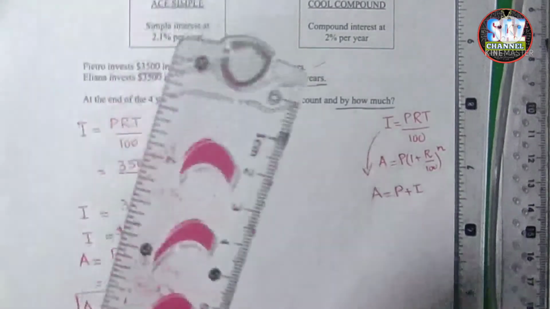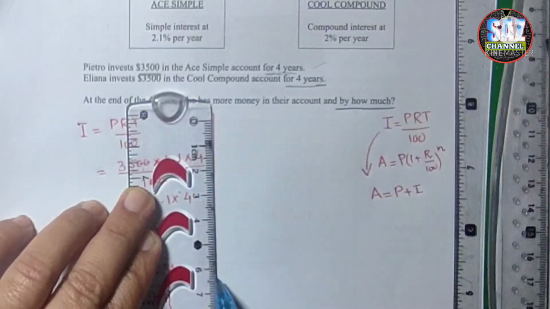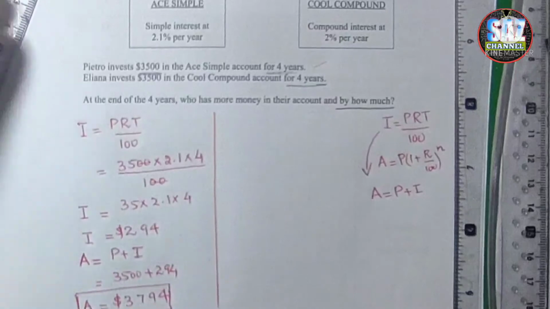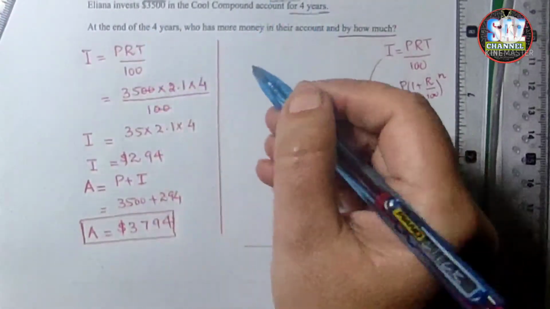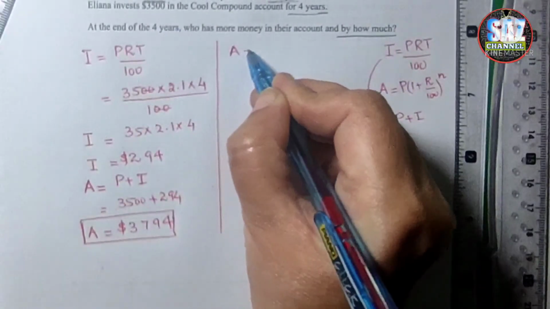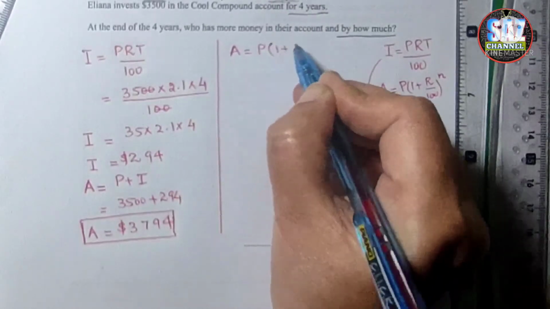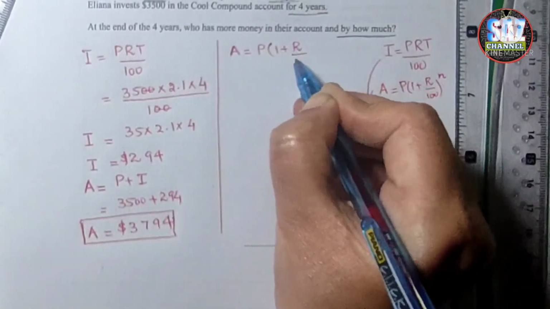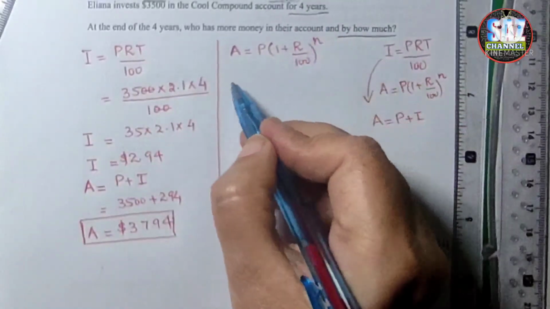And now we can make a line here so that we can execute the working for the second plan. Now for the second plan, that is about the compound interest. First of all, it's good to write the formula: amount is equal to principal into 1 plus rate over 100 raised to power of n.